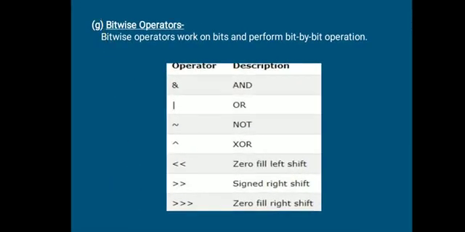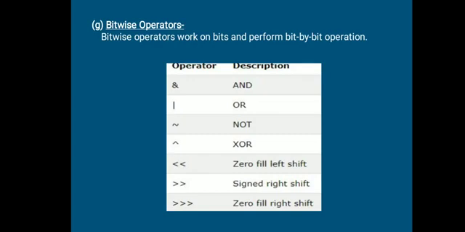Bitwise operators. Bitwise operators are performed on bit level operations. Bit level operations means when a decimal value is given, it is converted into binary and then the operation is applied. So if you have seen the logical AND, it returns true when both the expressions are true.